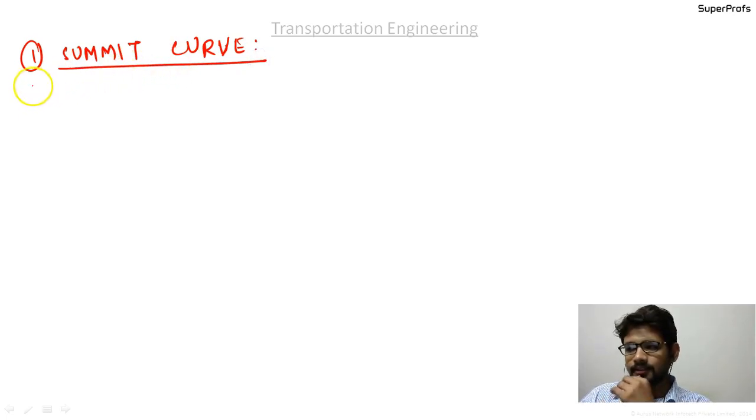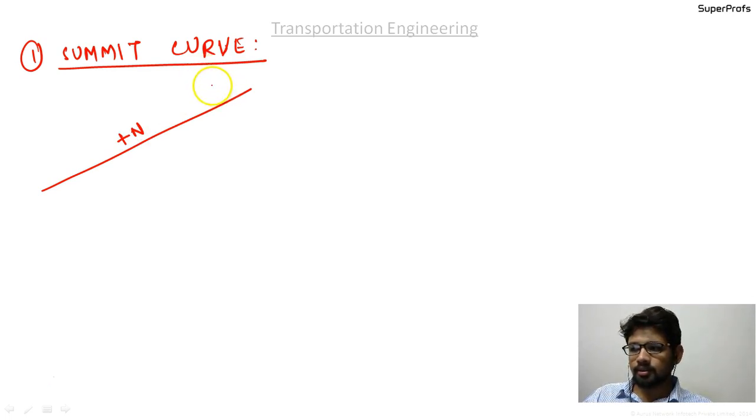The thing is that two different gradients join. Maybe there is a positive gradient, the rising gradient, and another one is the negative one, that is, I'll say minus n. So I say it is n1 and it is minus n2.